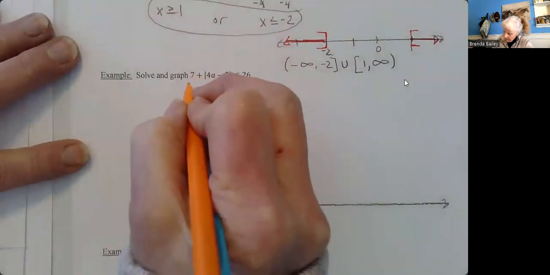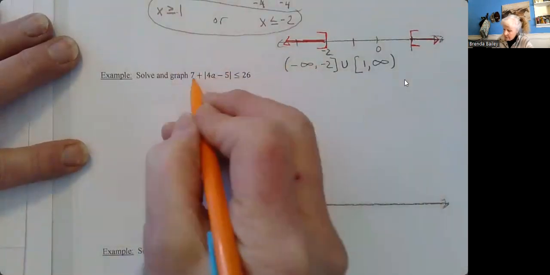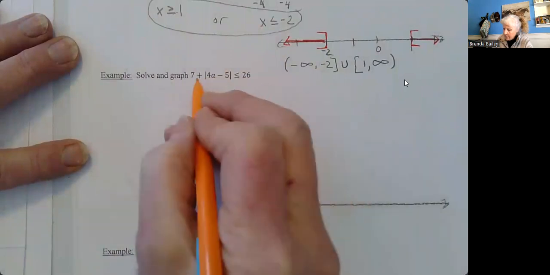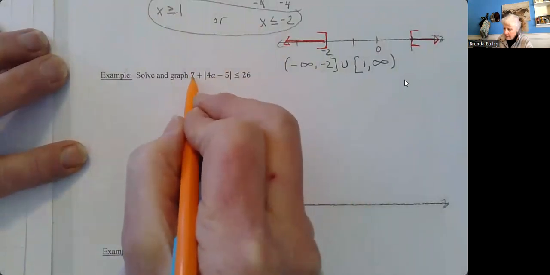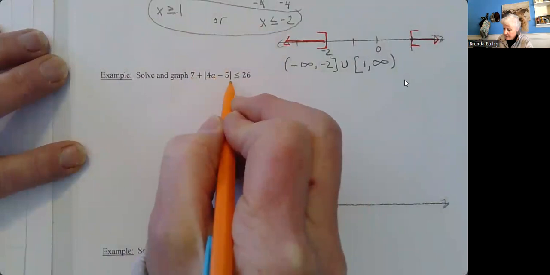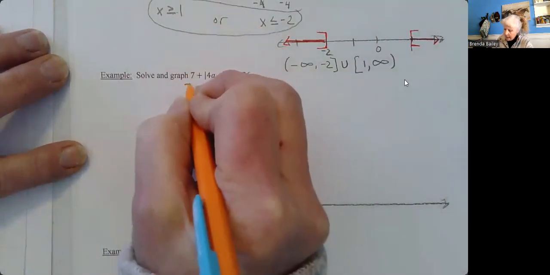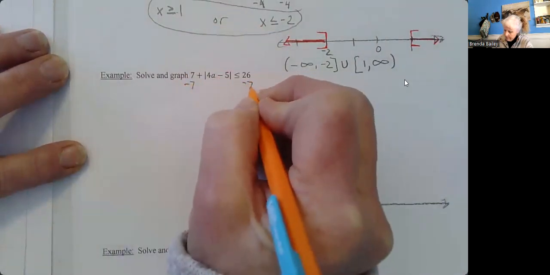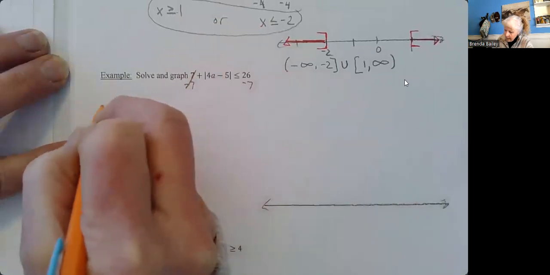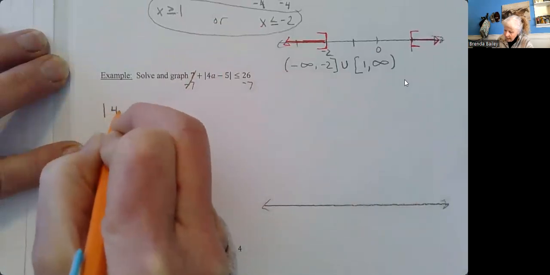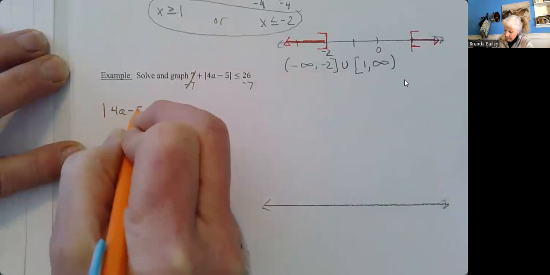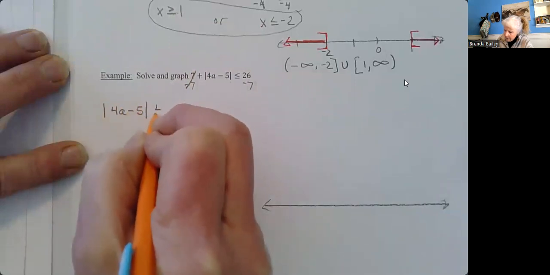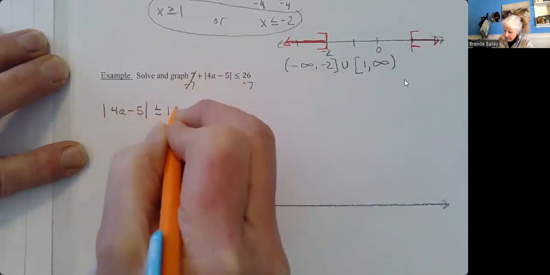So I'm just going to go ahead and go off of this right here. I won't rewrite it. We need to get rid of the 7 in order for the absolute value to be by itself on the left-hand side. So we're going to subtract 7. So then we've got the absolute value of 4a minus 5 less than or equal to 19.